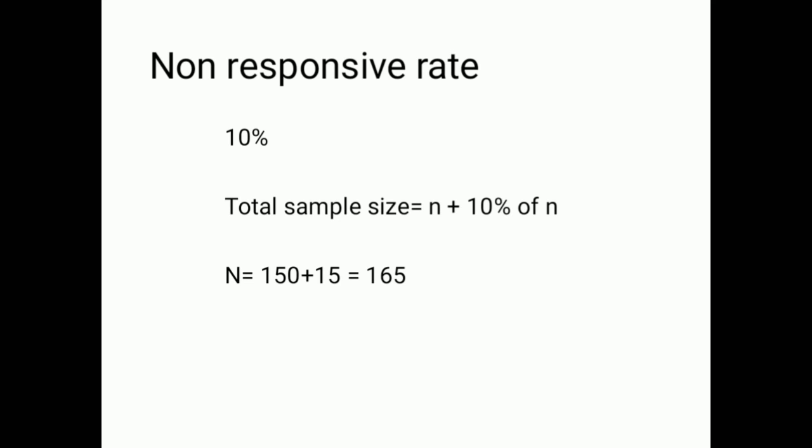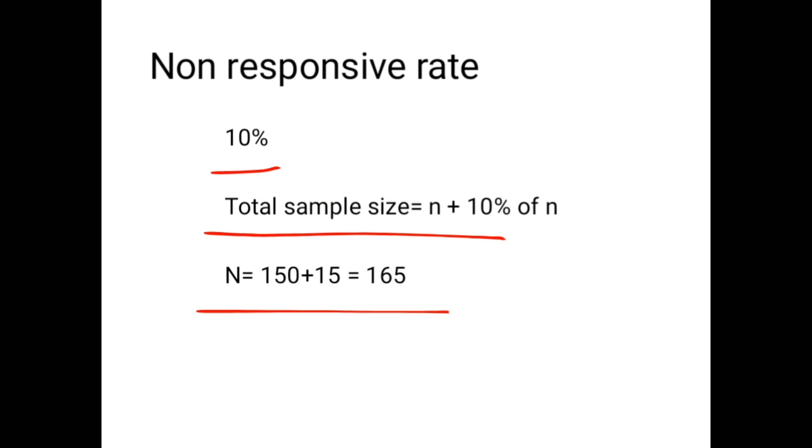Accordingly the total sample size will vary. The sample size for the study was n = 150. Now this is the total sample size which we have to take, so that even if some non-responsiveness is there in the research, at last our result will not get affected. For example, the non-responsive rate is 10%. So the total sample size will be n plus 10% of n, meaning 10% of total people will not respond.